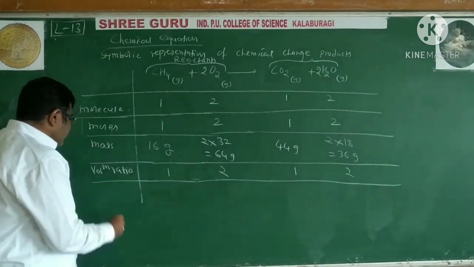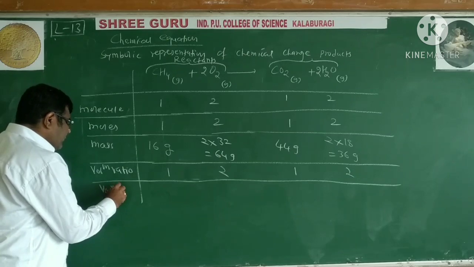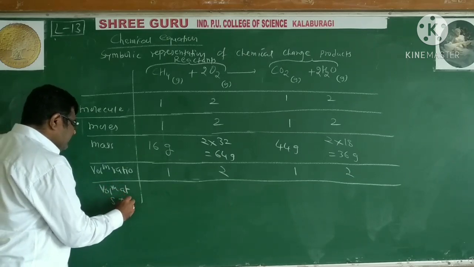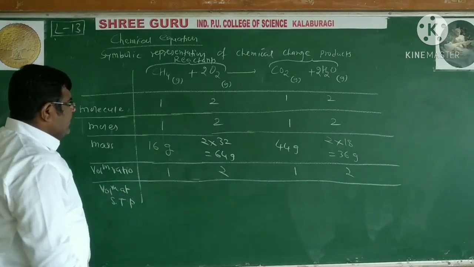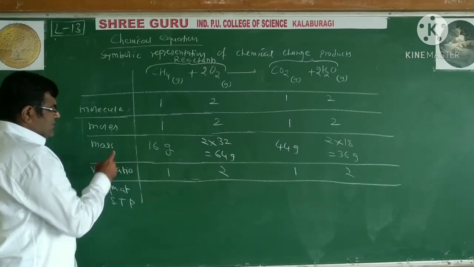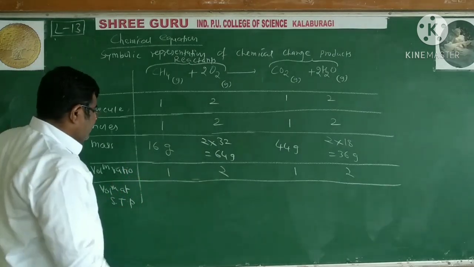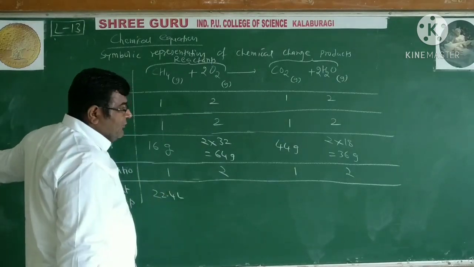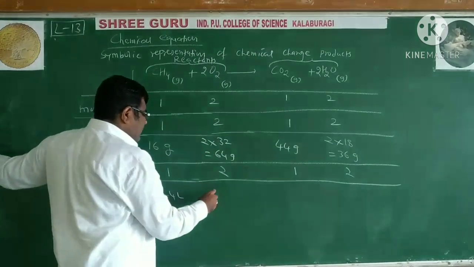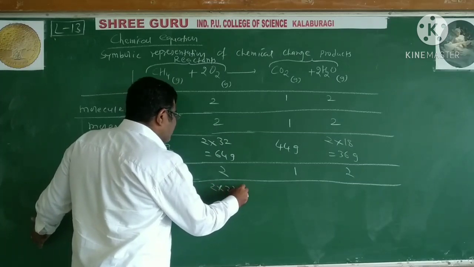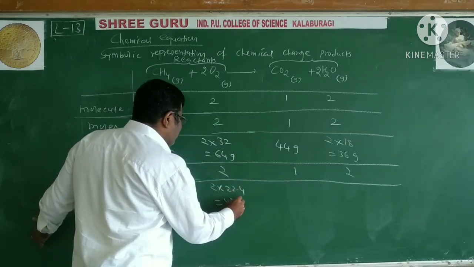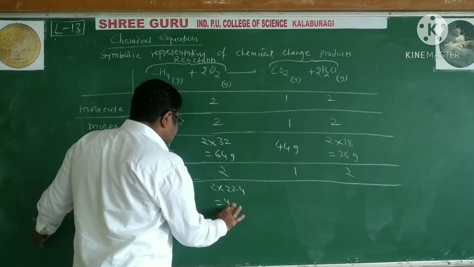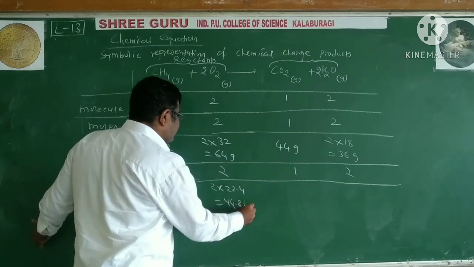And we can calculate this volume at STP. We know that 16 gram is the molar mass of methane, so it occupies 22.4 liter. This is 2 moles, means 2 multiplied by 22.4, which is 44.8 liter.